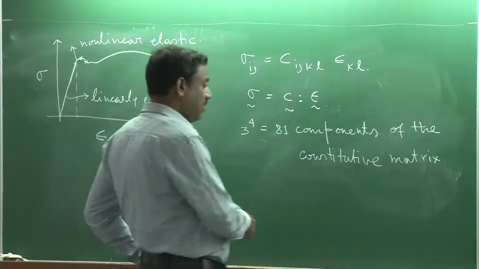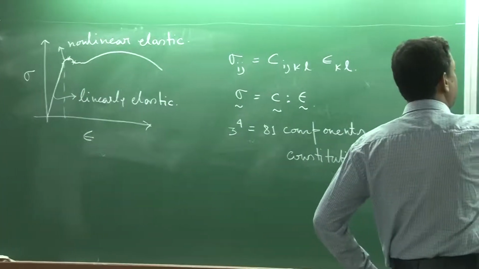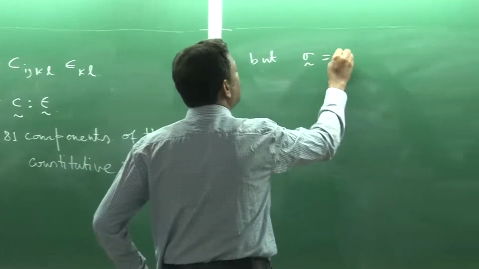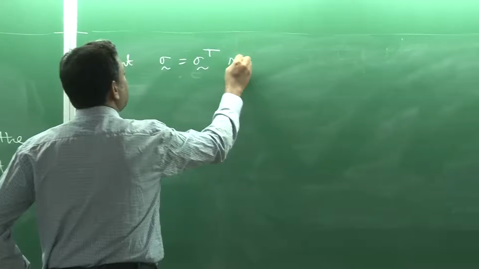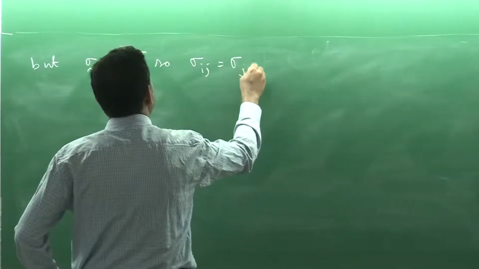Yes, of course. What we have seen is that the Cauchy stress tensor is symmetric, so sigma ij is equal to sigma ji.